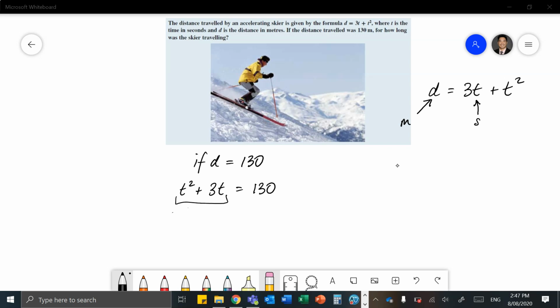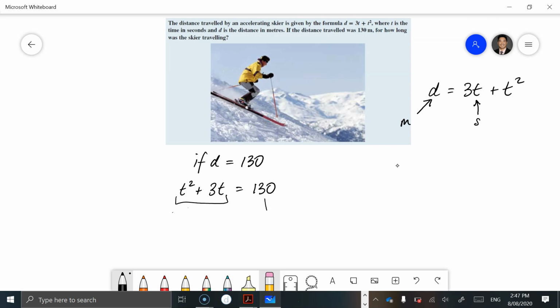Where we're going to go from here is move the 130 across to the left-hand side to form our quadratic expression. So t squared plus 3t minus 130, because this is positive, we're subtracting, that's going to equate to 0. So now what we want is factors of 130, negative 130, that add up to 3.